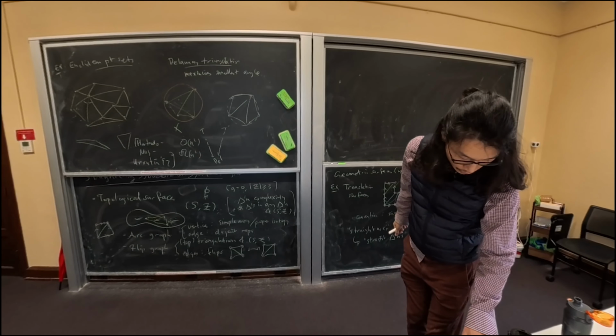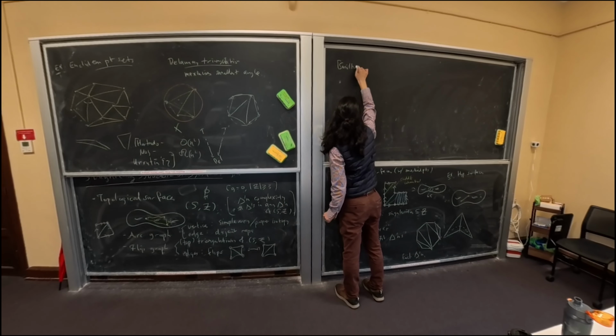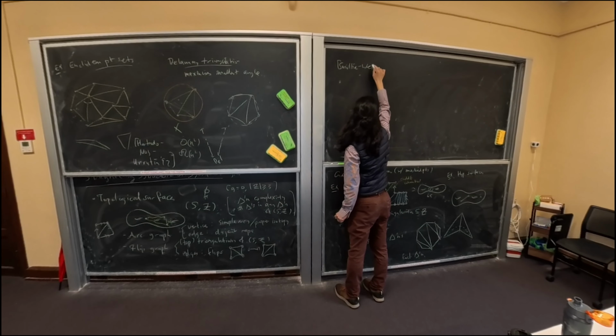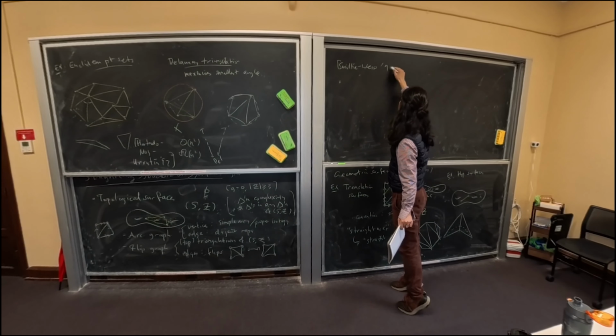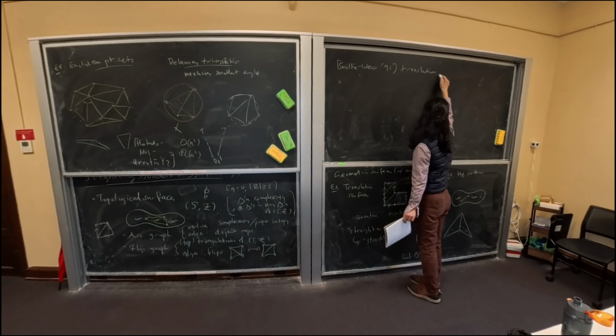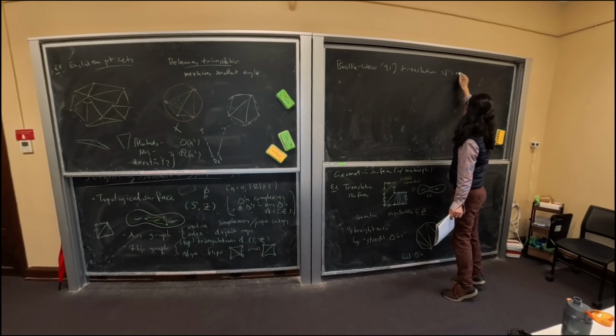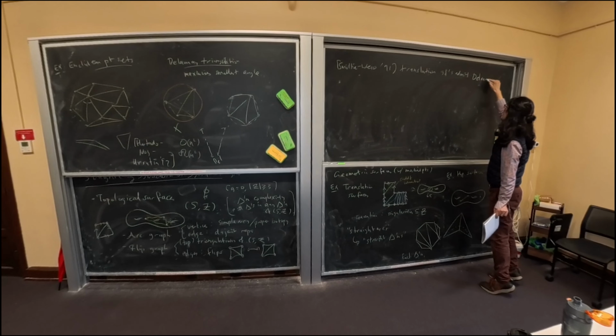Smillie and Weiss in '91 showed that translation surfaces admit Delaunay triangulations.